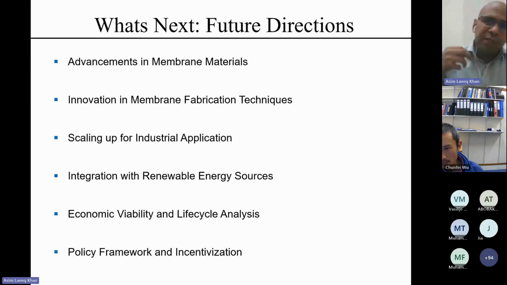So we have to think about sustainable polymers, green polymers, converting waste into membranes, so that we move towards not only sustainable CO2 capture, but also sustainable membrane manufacturing.